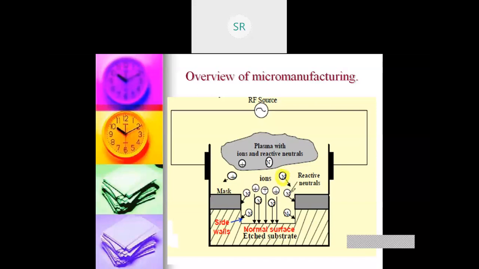You can see here, the N are reactive neutrals. They bombard the side walls of the target.